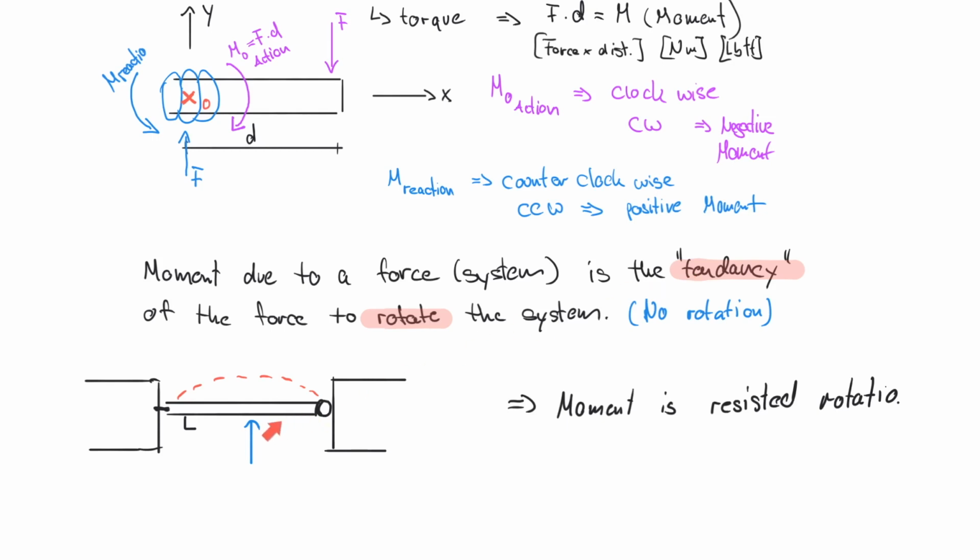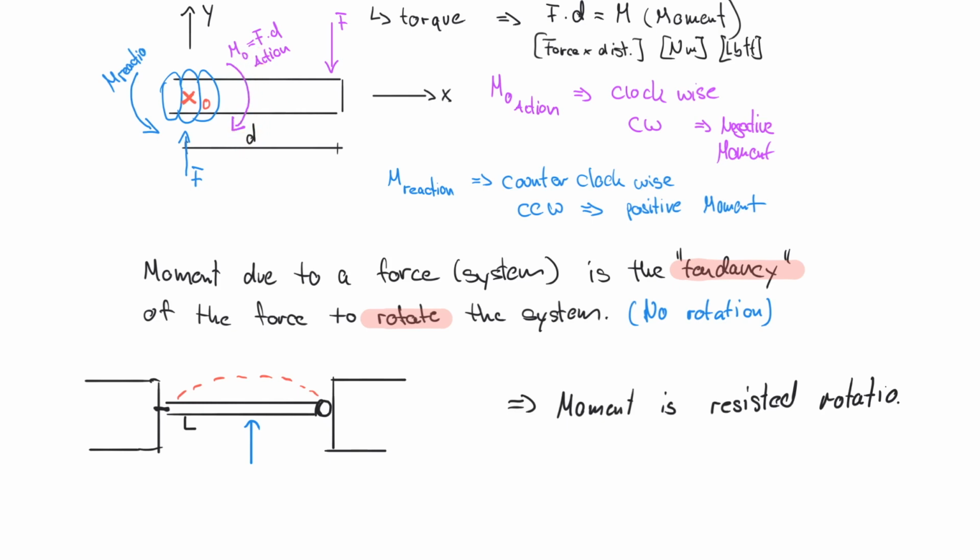That's the tendency. But once you open the door, it actually rotates about that point. And what does that tell us? It tells us the same thing that we were told up here, that there's always a point of interest that is relevant for our moment analysis. So for example, if you move your hand to a different location on the ruler, then you would of course create a different moment because you changed the D.